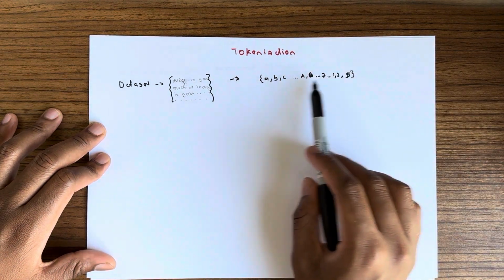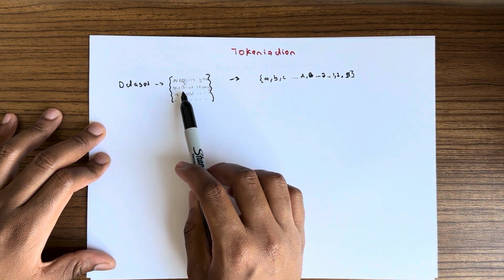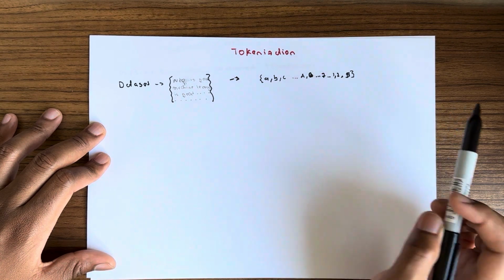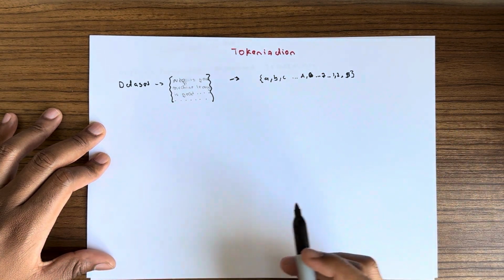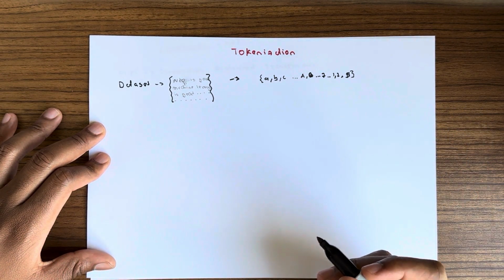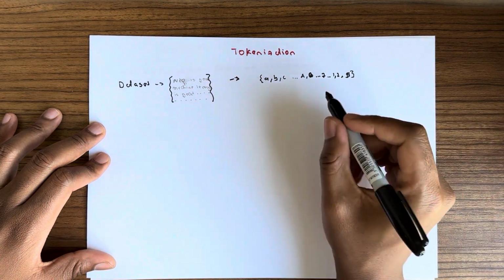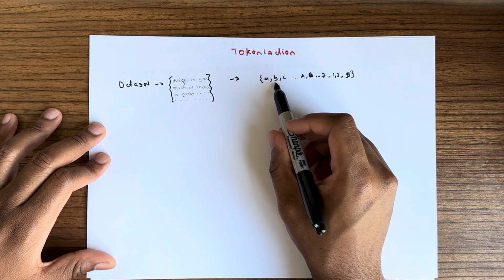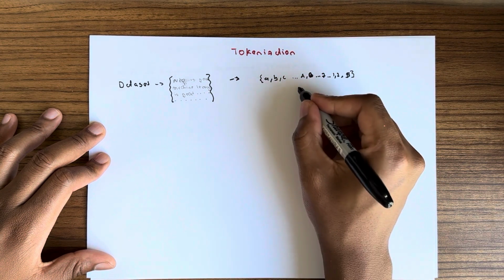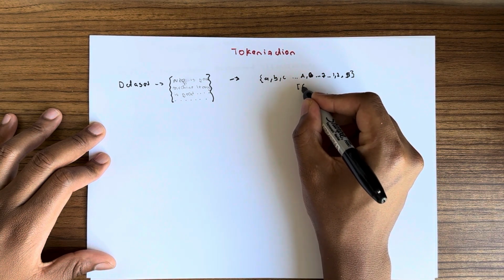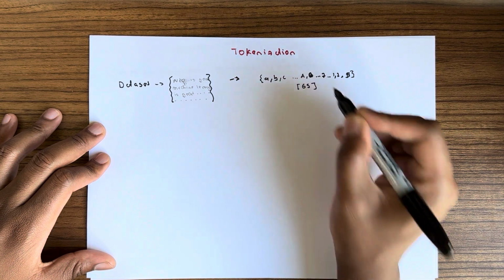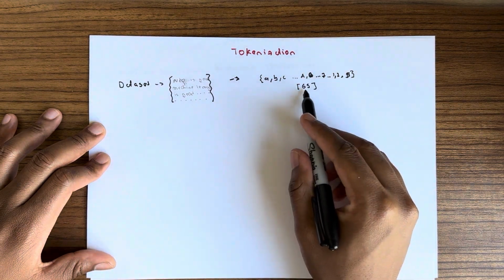All the distinct characters in my data set, I'm going to write them here. This is a list with a length of, say, 65. This is actually very important.